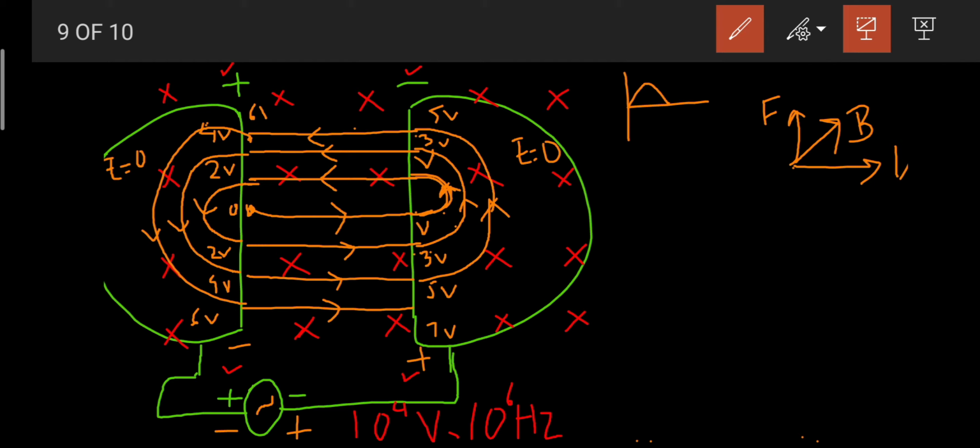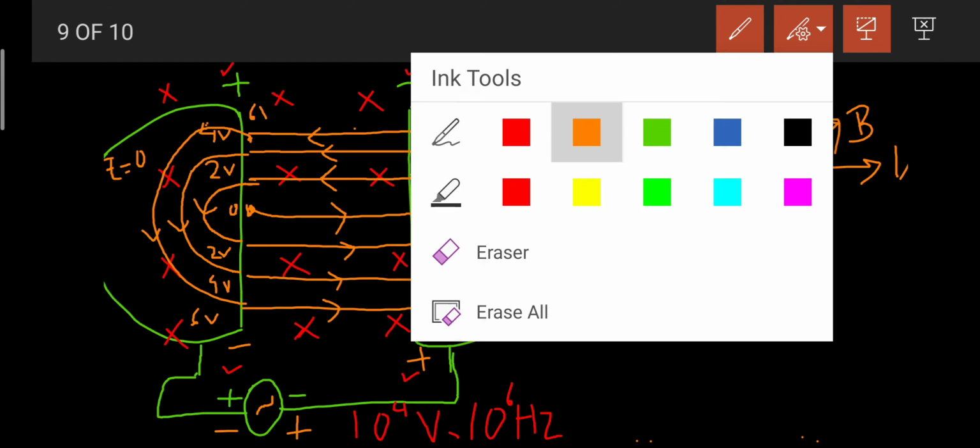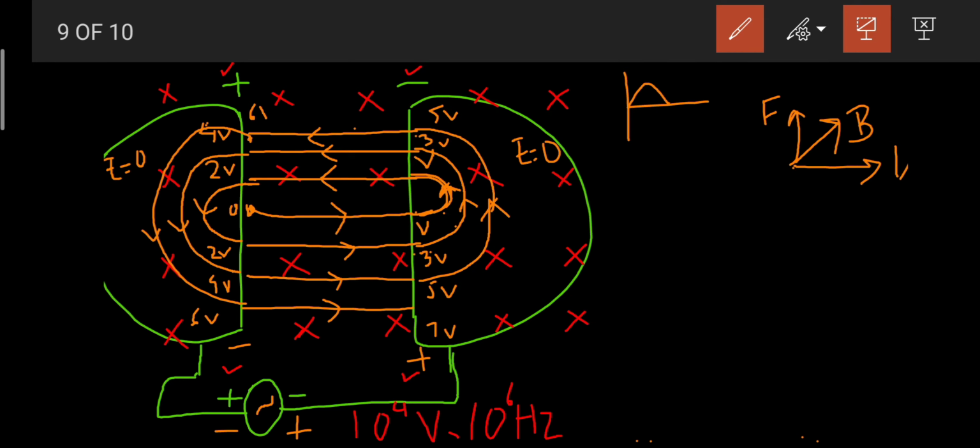What is going to happen? Suppose I want the particle to be received at a velocity of 7v. 7v is also a very small value. Suppose I want to receive it at a value of 1000v. So how can I receive that particular charged particle? There would be a small window at this particular point, right?